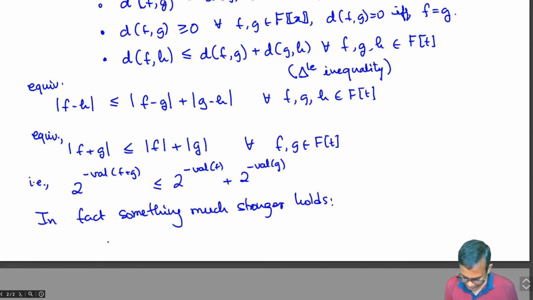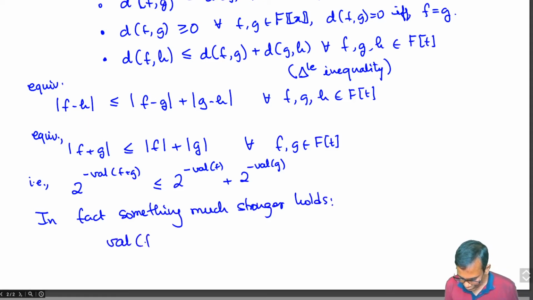What holds is that if you take the valuation of f plus g, so we're looking for the first non-zero coefficient of f plus g. If f has first k coefficients 0 and g also has first k coefficients 0, then f plus g will obviously have first k coefficients 0.